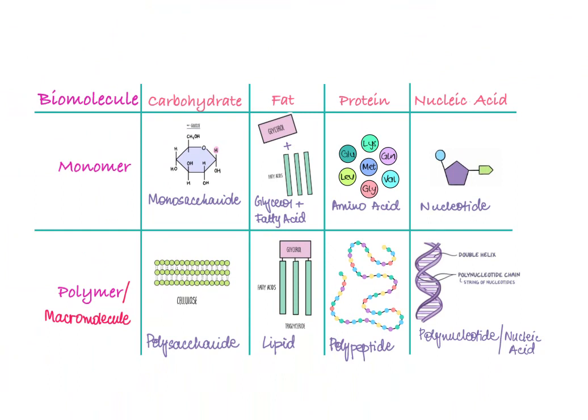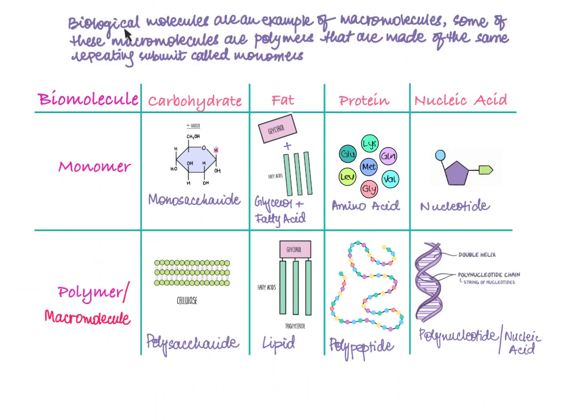Let me first summarize these terms in a sentence so that you can make sense out of it once I'm done explaining the terms. Biological molecules are an example of macromolecules. Some of these macromolecules are polymers that are made up of the same repeating subunits called monomers.